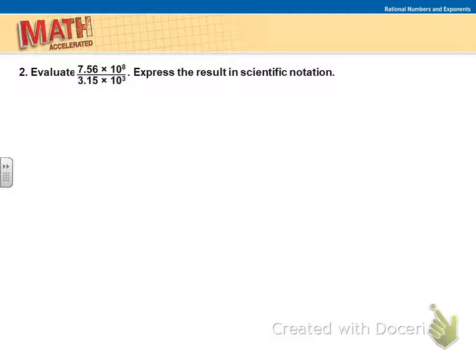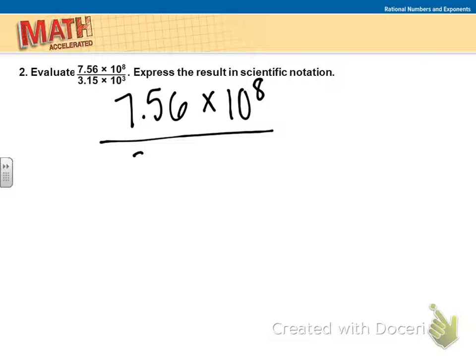All right, now we're going to do dividing. One thing I want y'all doing, especially in the next couple of days, is as soon as you look at a problem, I want you to write out to the side what you're doing, because we're having multiplying, we're having dividing, and tomorrow we're going to add in adding and subtracting. So I want you to make sure you don't make careless errors. As soon as I look at the problem, I'm going to write out to the side, and you can abbreviate.